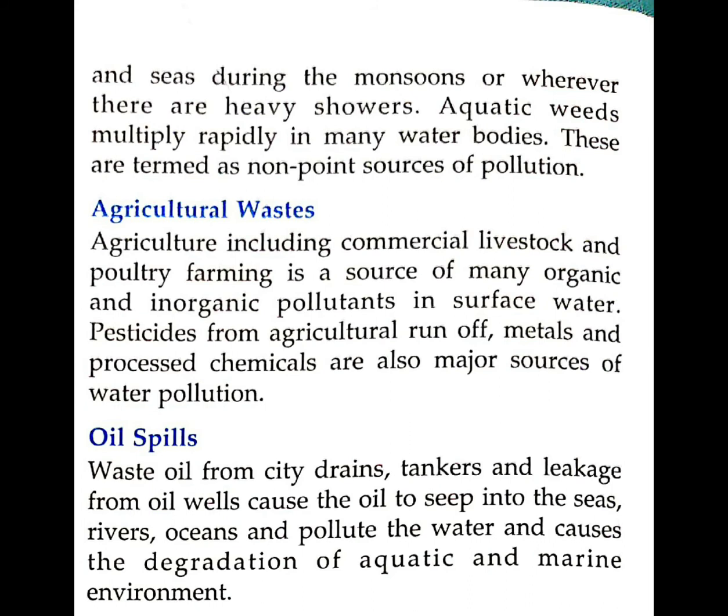Waste oil from city drains, tankers, and leakage from oil wells causes oil to seep into the sea and rivers, oceans, and pollutes the water, causing degradation of the aquatic and marine environment.